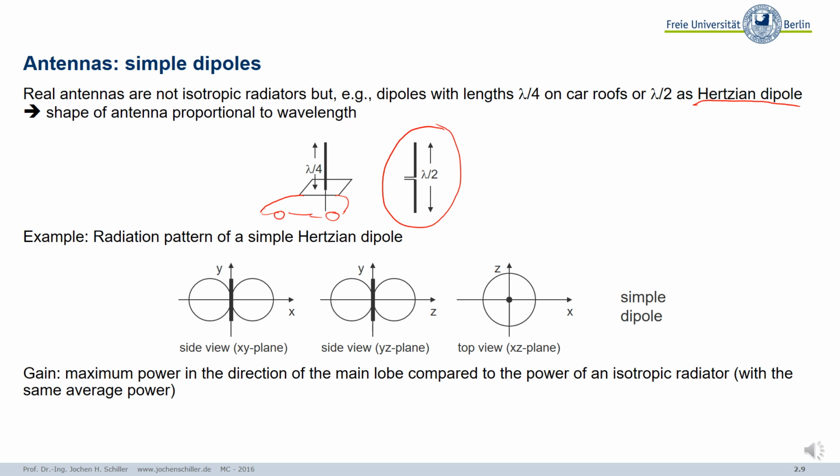Now you might think, but I can receive different frequencies with it. Yes, but the antenna is perfect for a certain frequency and more or less okay for frequencies close by. So this is why we have one antenna for classical FM radio, but a different antenna, for example, for GPS, and a different antenna for LTE.